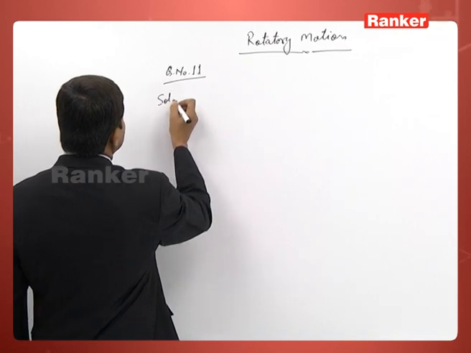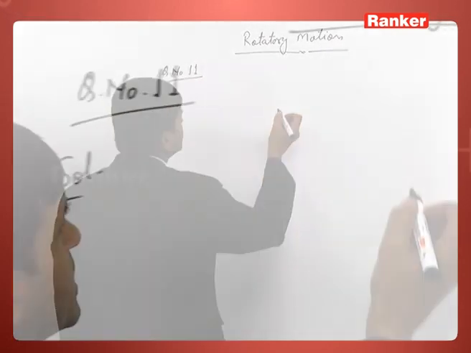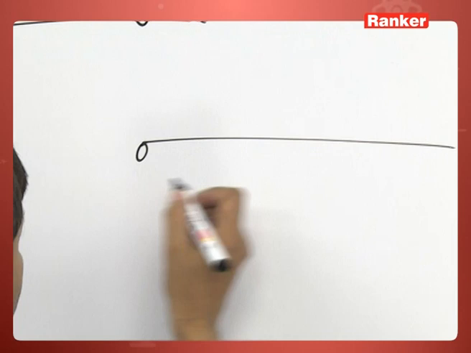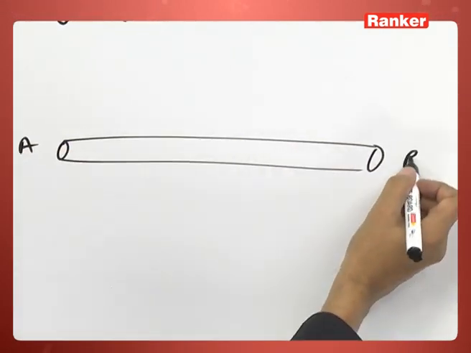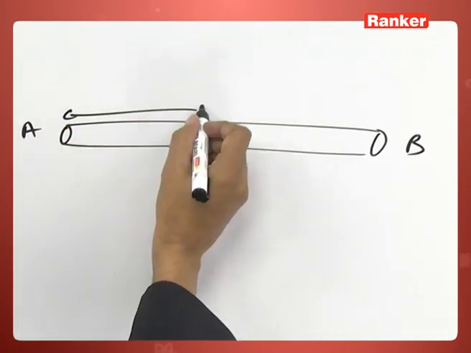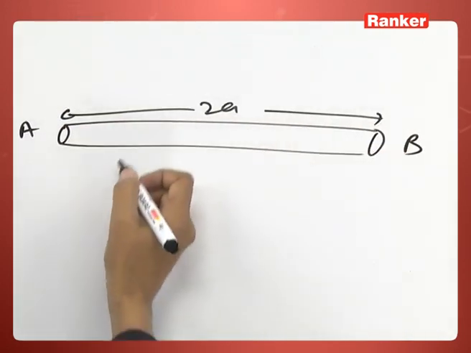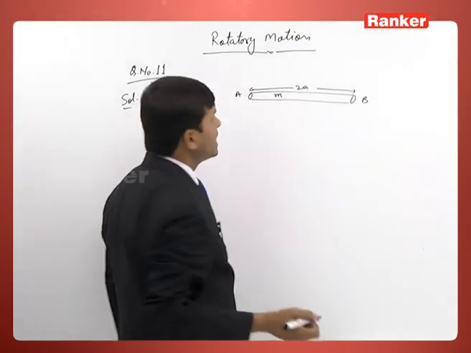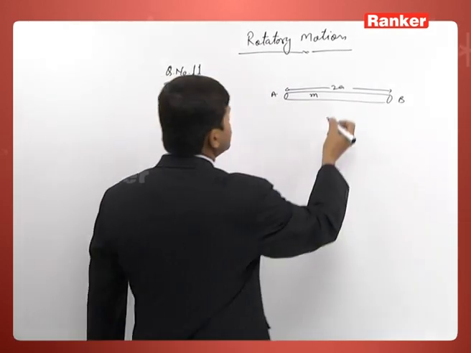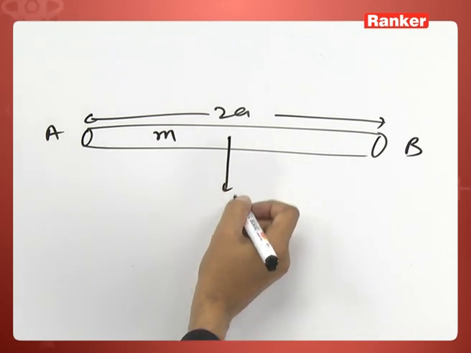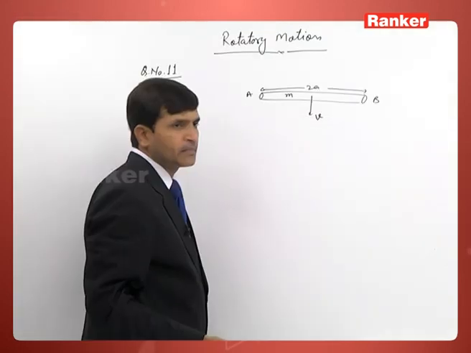As per the question, this rod is given, AB, of mass m and length 2a. Now it starts falling and the center of mass has velocity v.